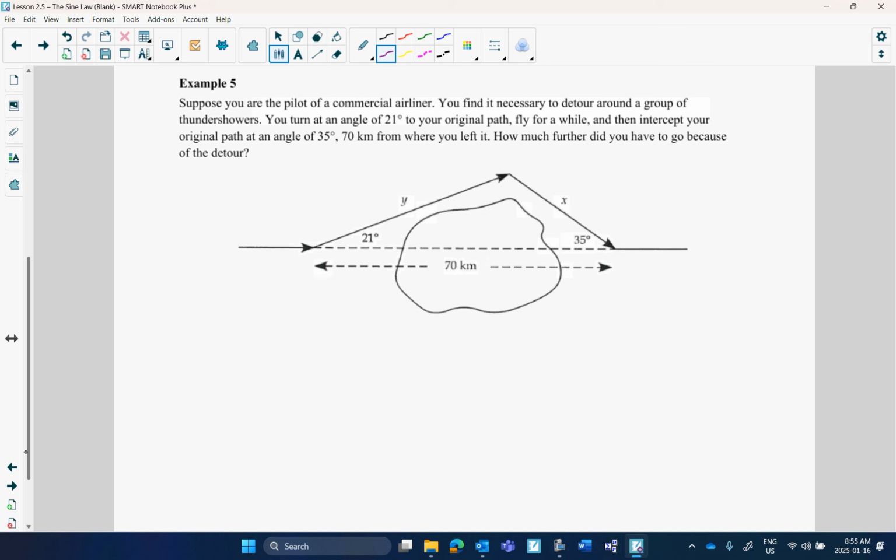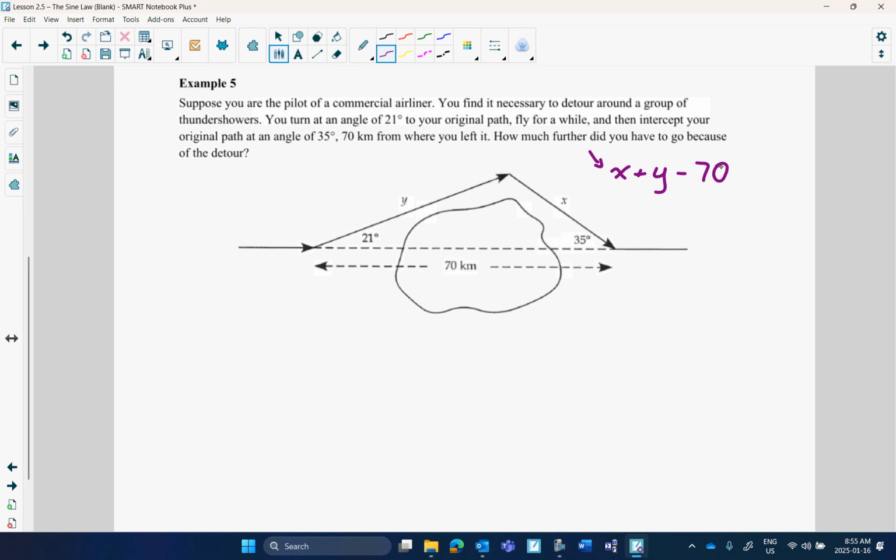So basically, to find out how much further we have to go, we have to figure out what X and Y are, add them together, and subtract away what the distance would have been. Now, right now, looking at this, I don't know a side and its angle opposite.